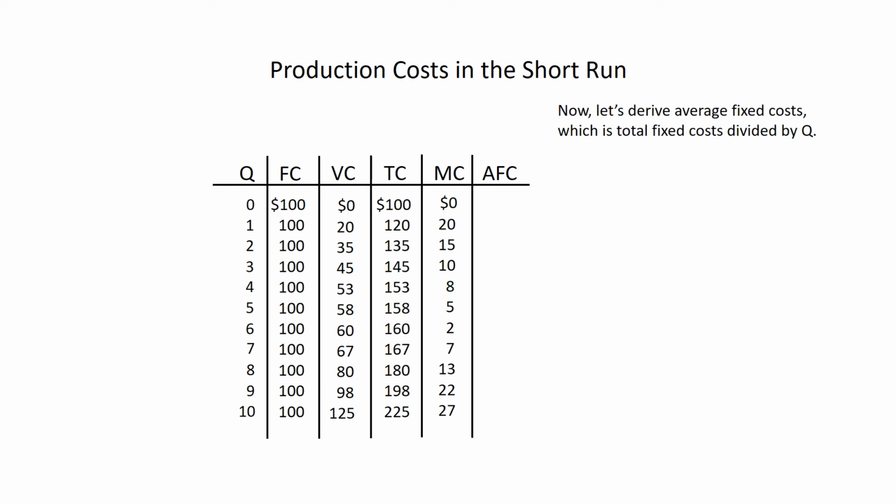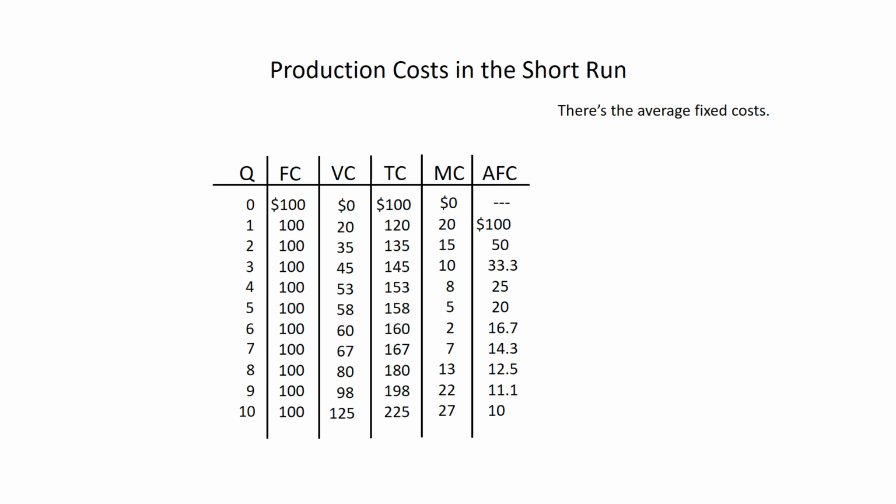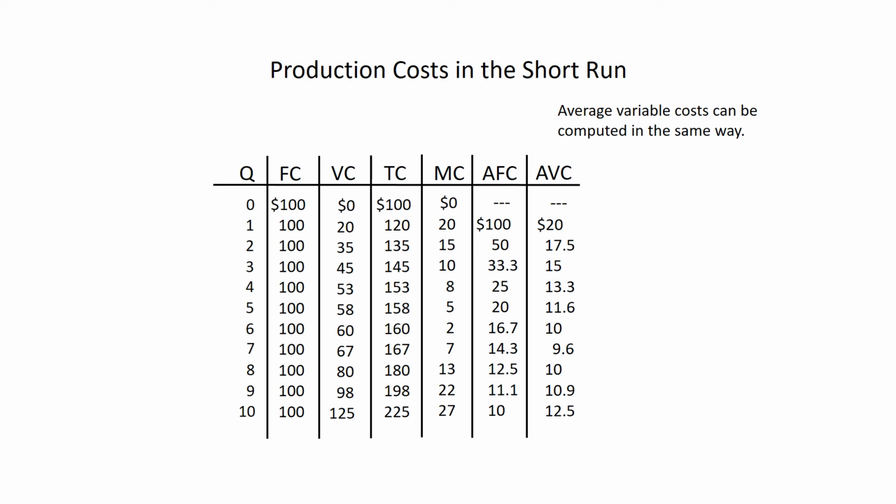Now, let's derive average fixed costs, which is, of course, total fixed cost divided by quantity. There's average fixed cost. Take just a second to confirm that those values are correct. And average variable costs can be computed in the same way.